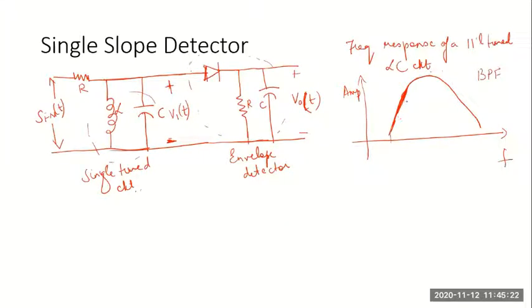So I'll fix the carrier frequency of the FM circuit somewhere in the center of this rising range, and here I am going to get the highest frequency deviation till this linear point Fc plus delta F, and this point will be Fc minus delta F.